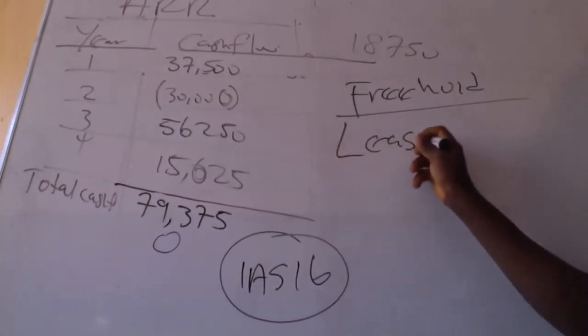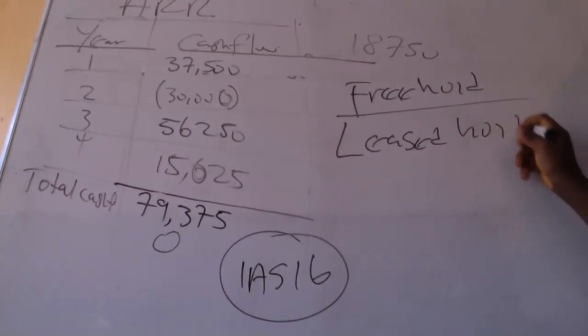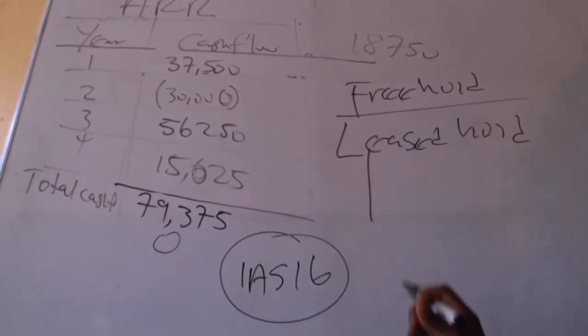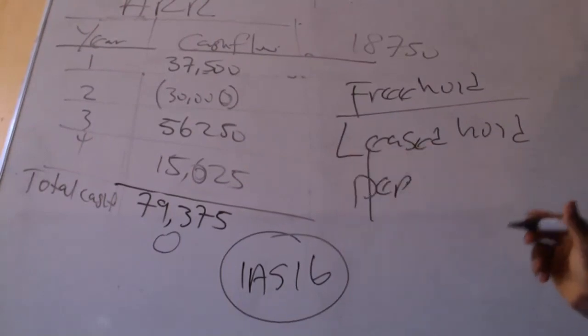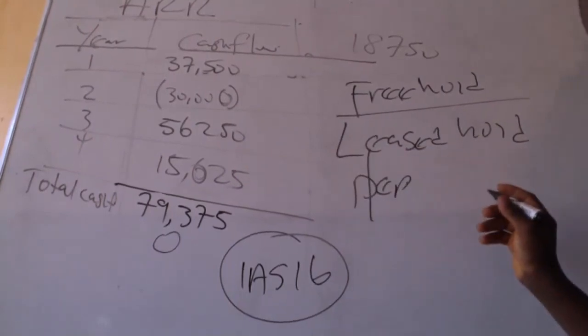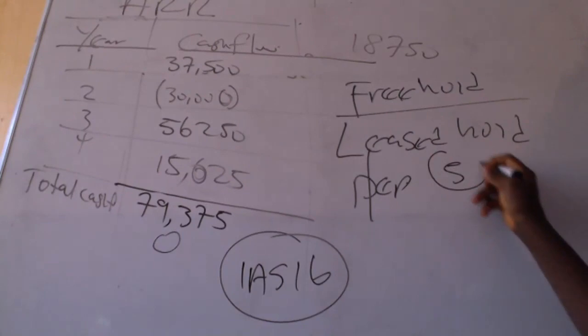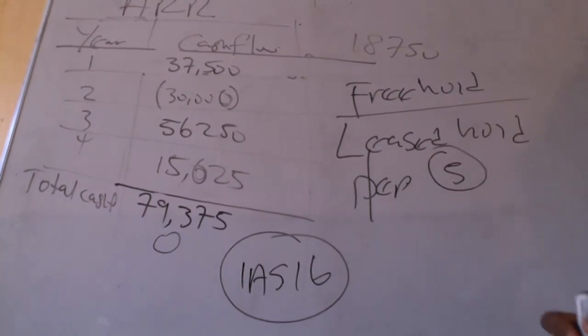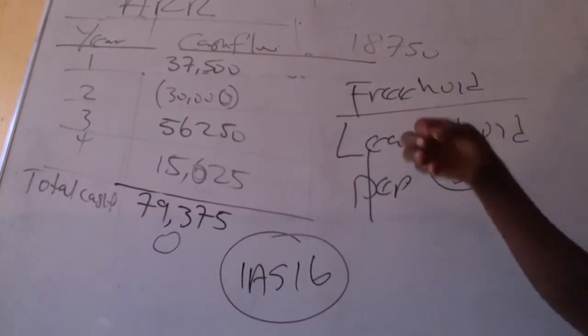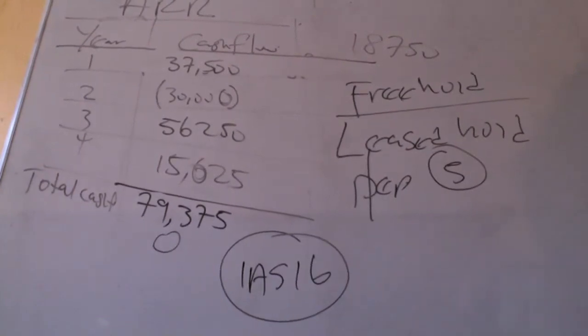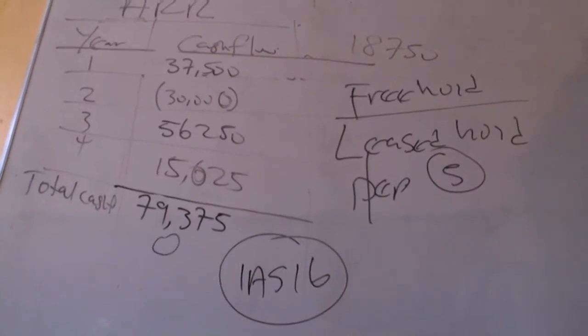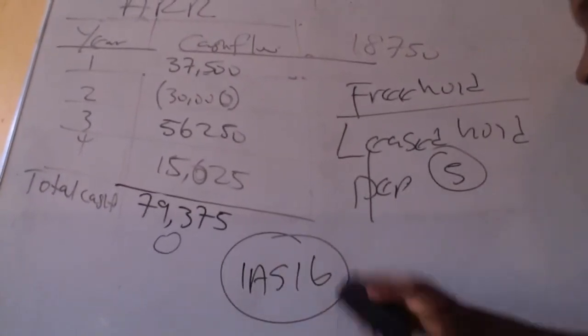Leasehold land. We depreciate leasehold because it has a lifespan. I'm renting your land for 5 years, so I'll depreciate the value of the land over 5 years. But freehold, my own acquired land, purchased land, the standard says I shouldn't depreciate it. So that was the trick, and that was the game.